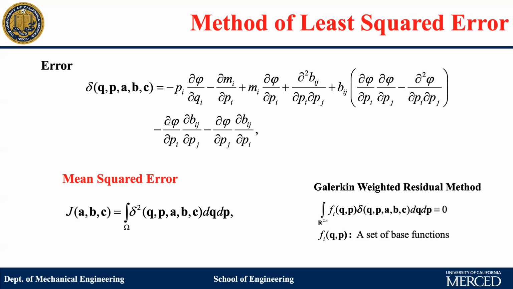That's the spirit of the Galerkin method. You have to choose an appropriate function so that this is integrable, and most of the time you use some sort of Gaussian distribution functions, because the domain can go to infinity.